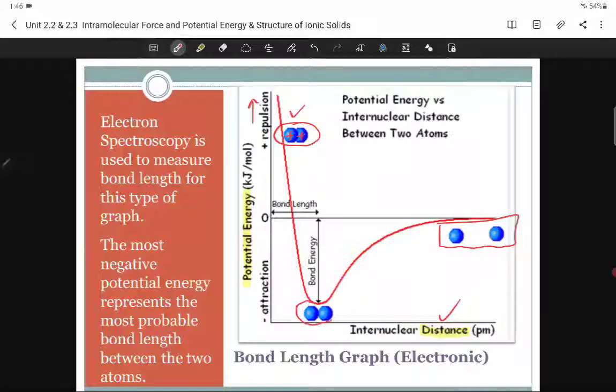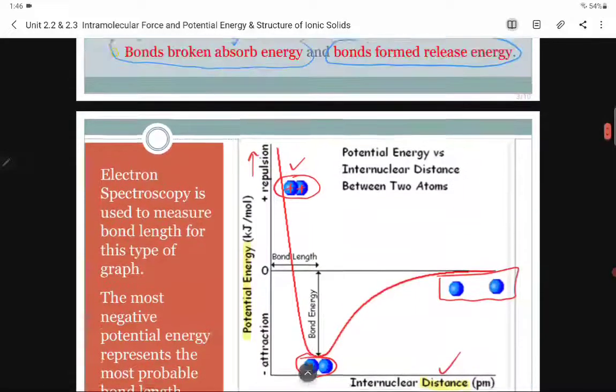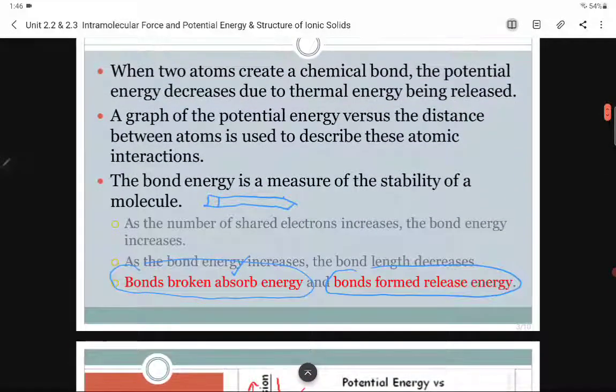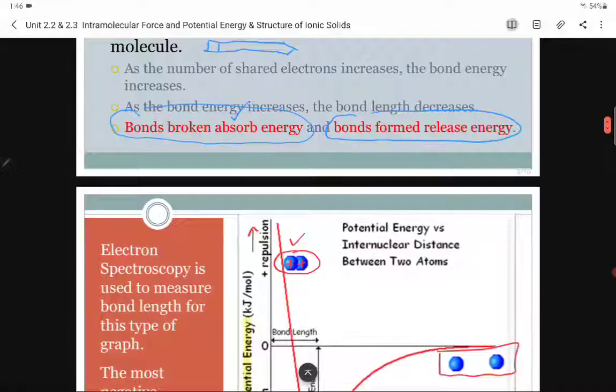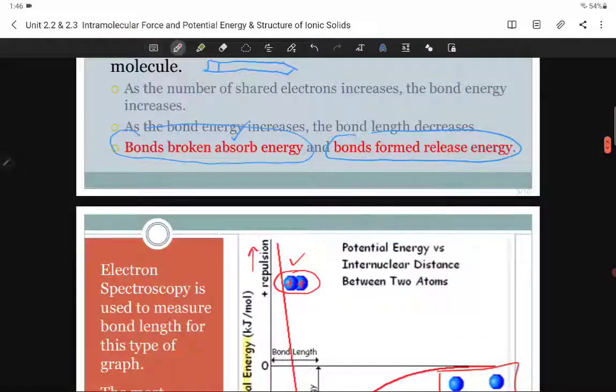Why is this down here at the very bottom of potential energy? Well, let's go back for a second. Bonds that are formed release energy. So if you release the energy, you don't have potential energy left.